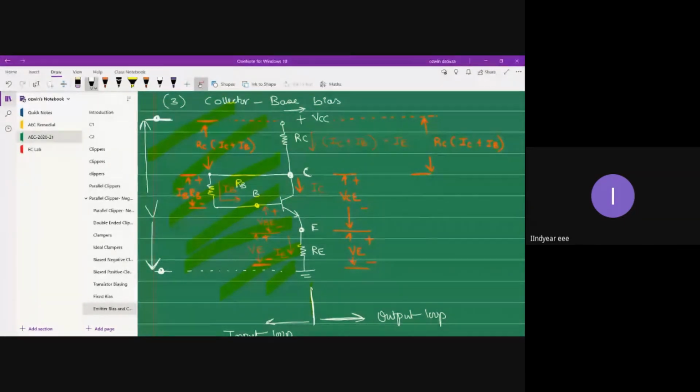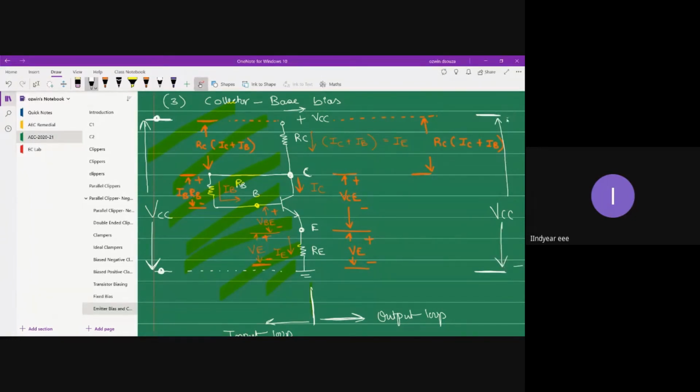So this is how we apply KVL in this particular case. Fine, good, Aniket and Rakesh. So let us mark it as VCC. I can mark VCC on the input side as well as on the output side. So this is also VCC.